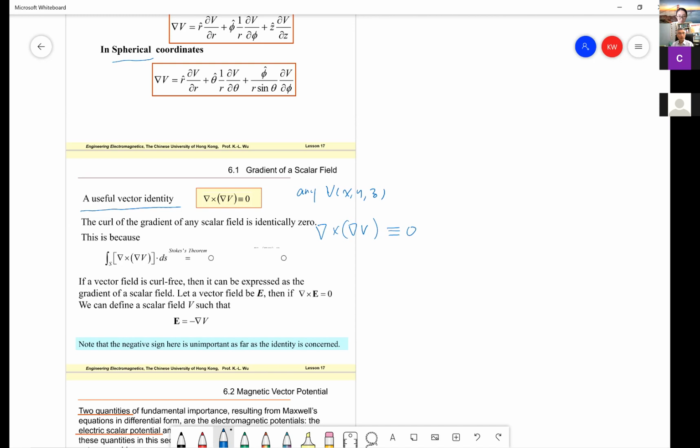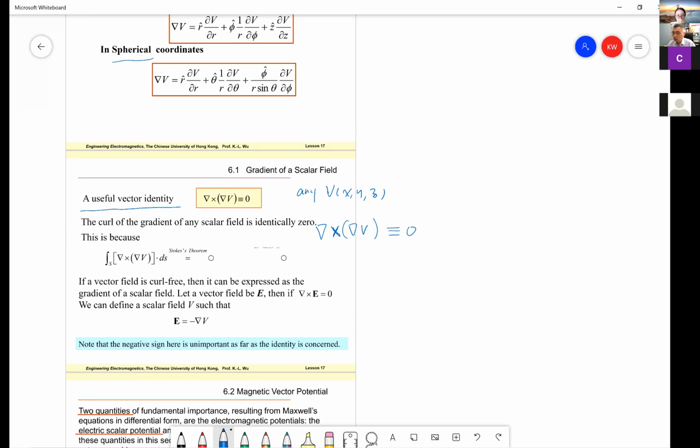You cannot escape from the palm of God. This is a very important vector identity, a property of the gradient.